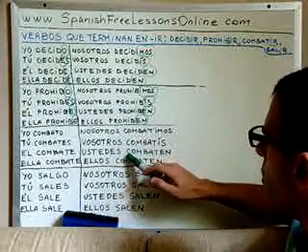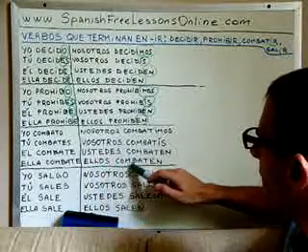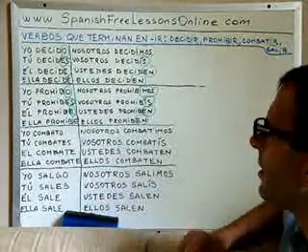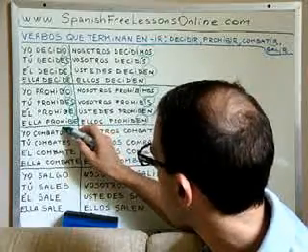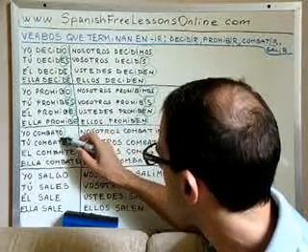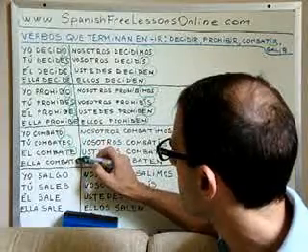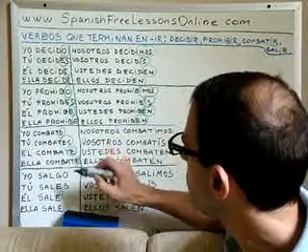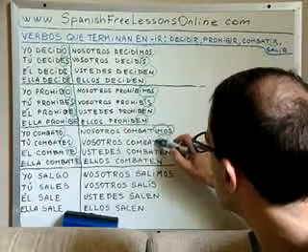Ustedes combaten. Ellos combaten. Same rule as the previous verbs applies, right? You just use the root of the verb and then you add the same ending.